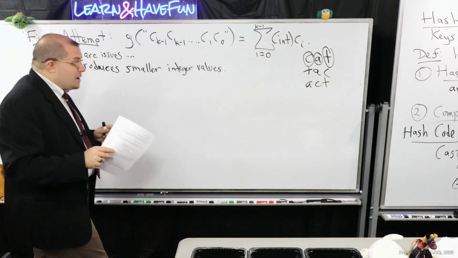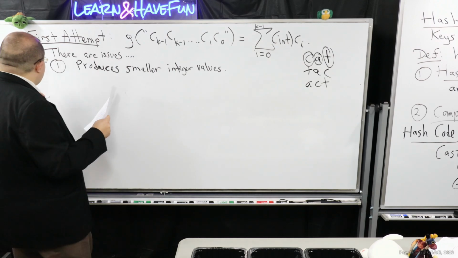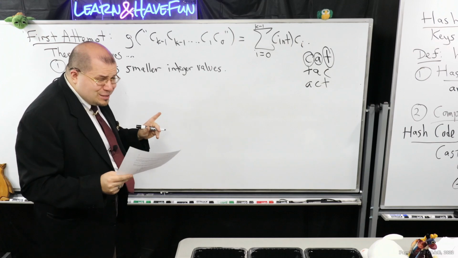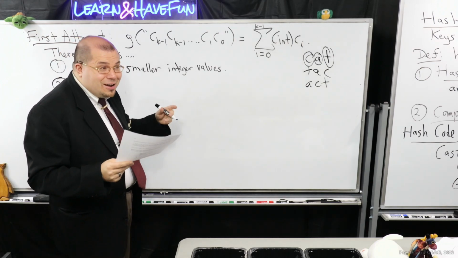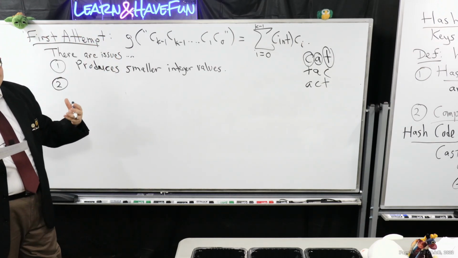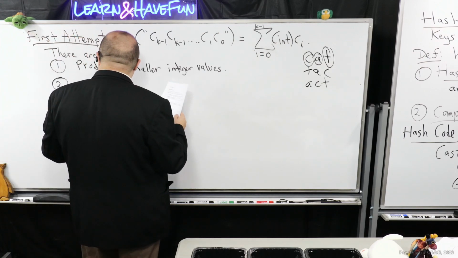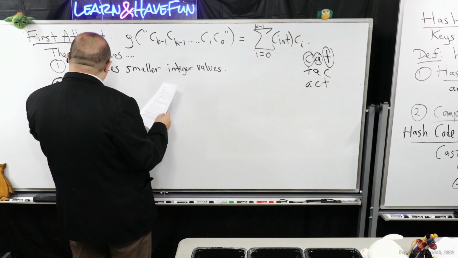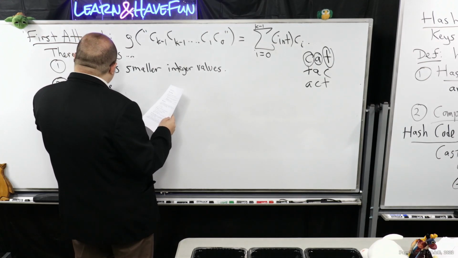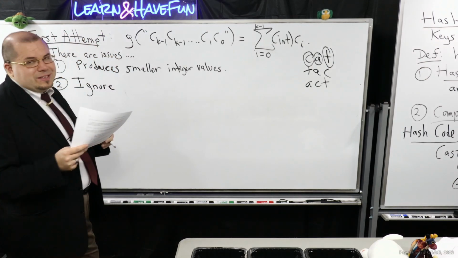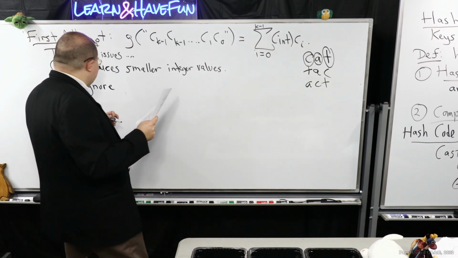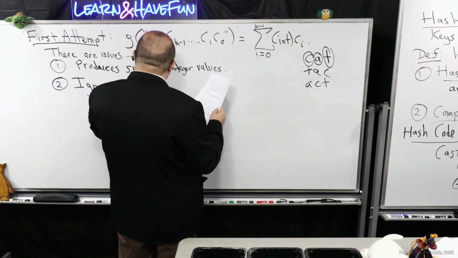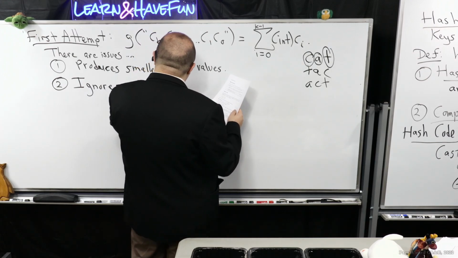I can do even better than this, but this is the fatal issue with this hash code. It is not going to work very well if you have general words. You're going to end up with collisions whenever you have an ordering of characters that happen to have the same characters in them. It ignores the order of characters.